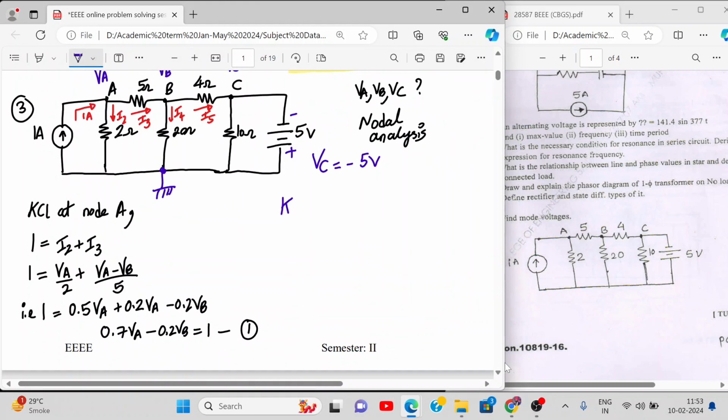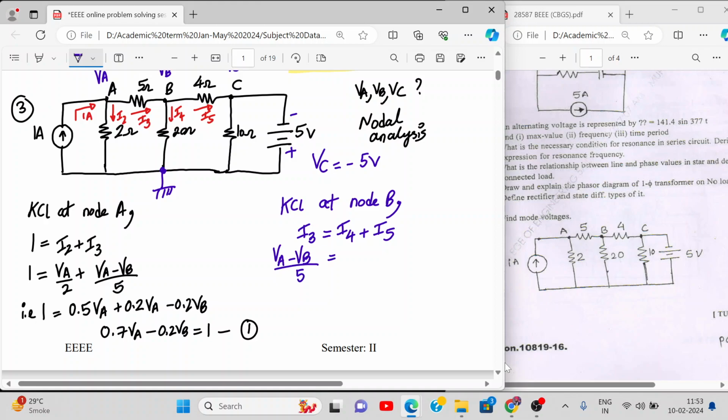Okay. So now we apply KCL at node B. So what do we get? KCL at node B: incoming current is I3. Outgoing currents are I4 and I5. So I3 is VA minus VB upon 5.